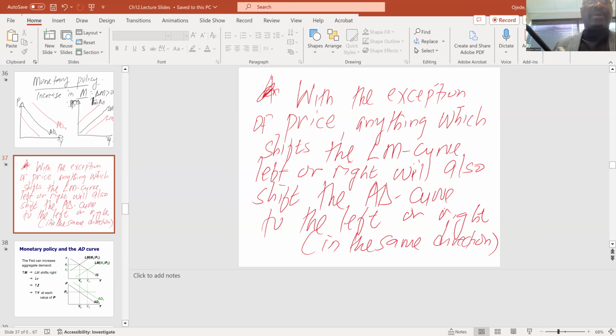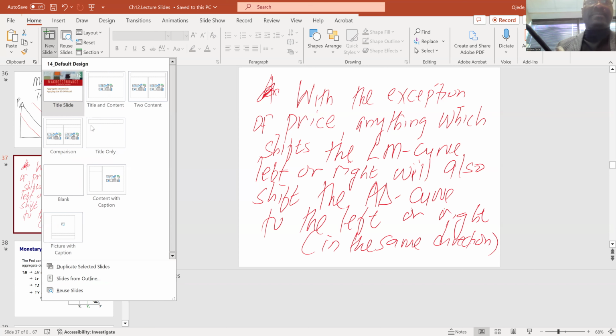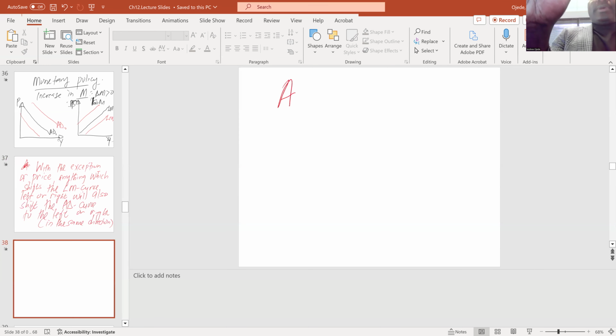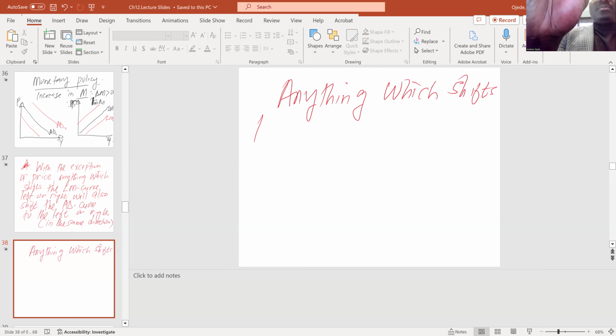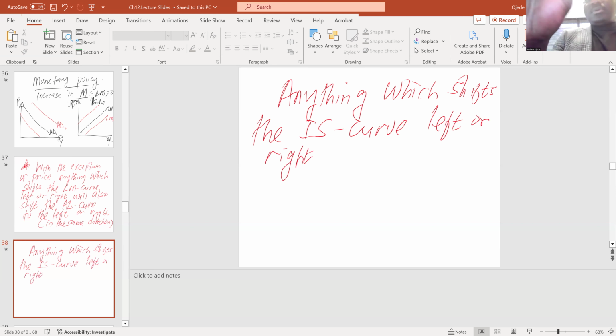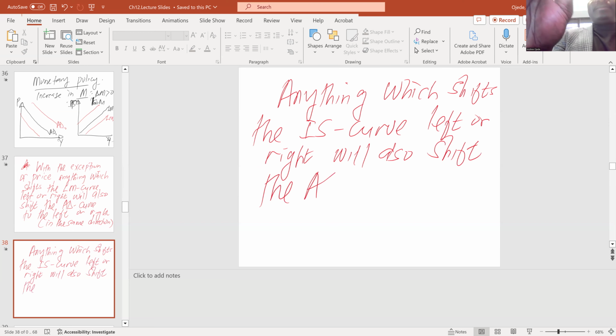Okay. And then you can write a second note there saying that also, anything which shifts the IS curve left or right will also shift the AD curve in the same direction.